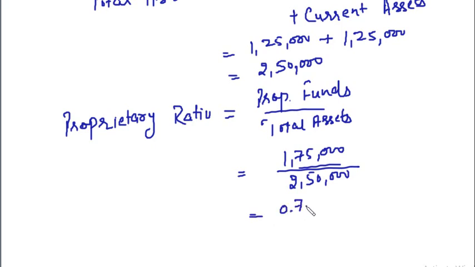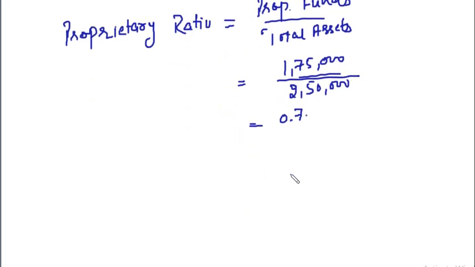Now, what is the interpretation? The interpretation here is that 70% of your assets have been financed through own funds and 30% from the borrowed funds, which is a good sign for the business. You can write down the interpretation. Let's write it down.